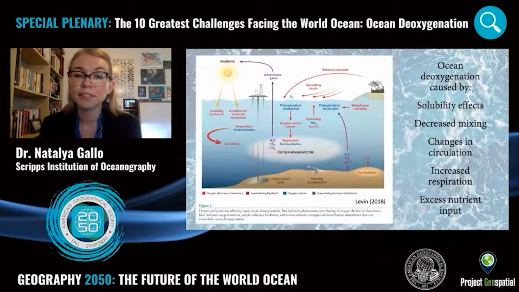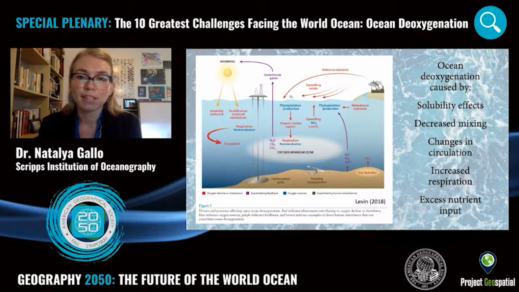The ocean is a critical heat sink and has absorbed approximately 93% of the excess heat in our climate system from the burning of fossil fuels. When the ocean warms, however, the oxygen content of the ocean also decreases. This is due to a few factors. First, solubility.